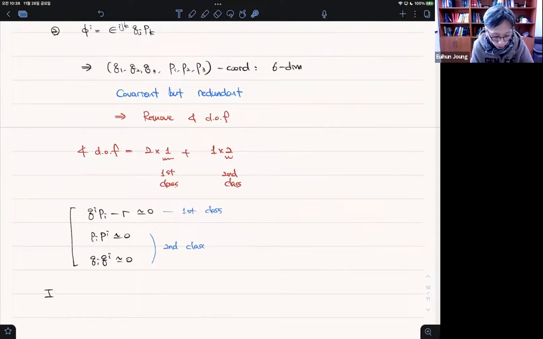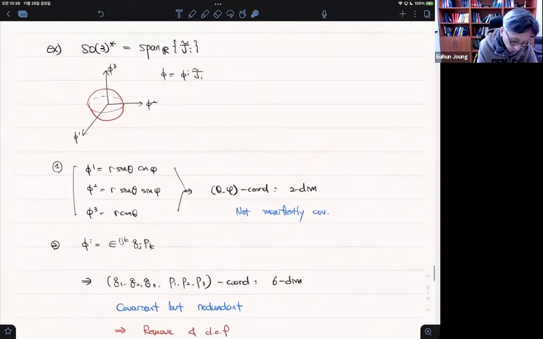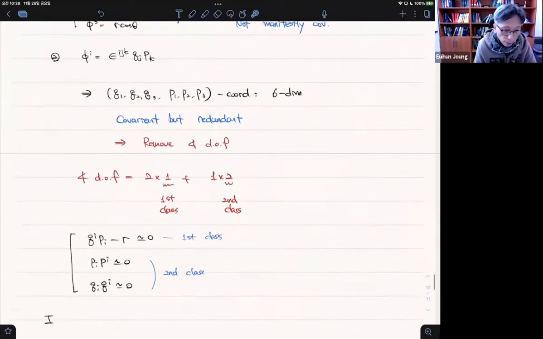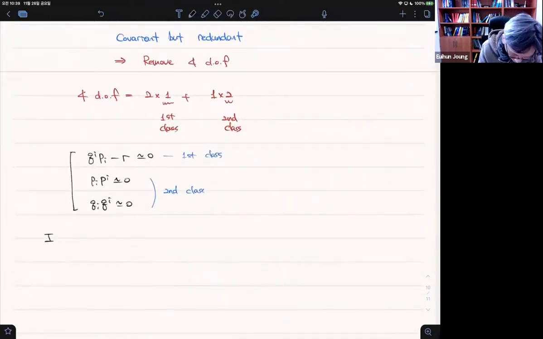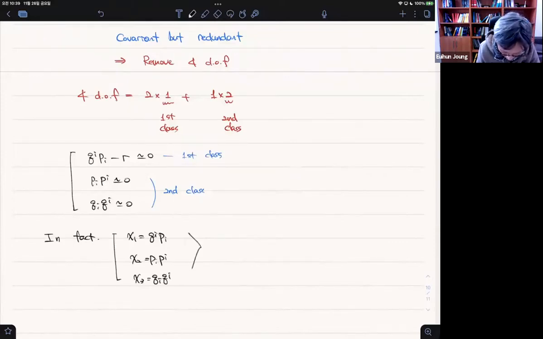You are effectively describing a particle whose phase space is the sphere in this way. But one can note at this stage that in fact the constraints are chi1 qi pi, chi2 pi pi, chi3. What appears in the constraints, these 3 guys, actually forms the sp2r algebra.